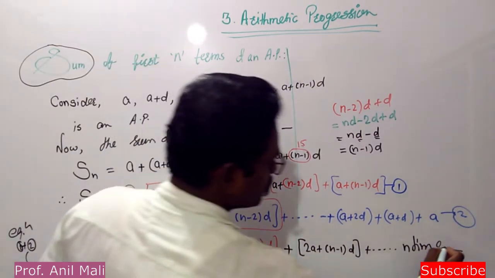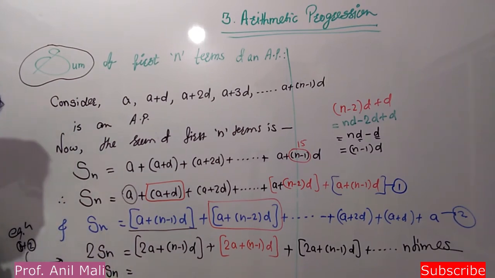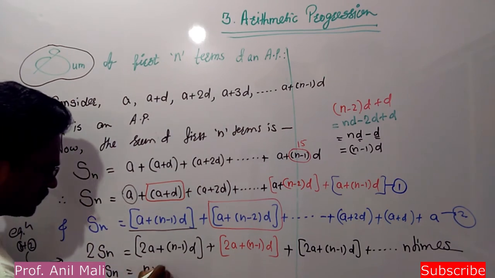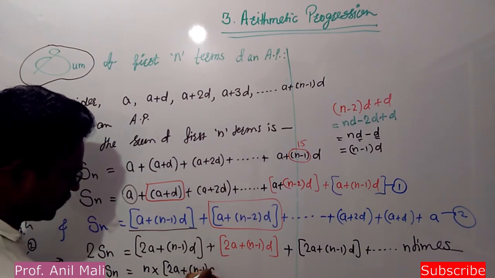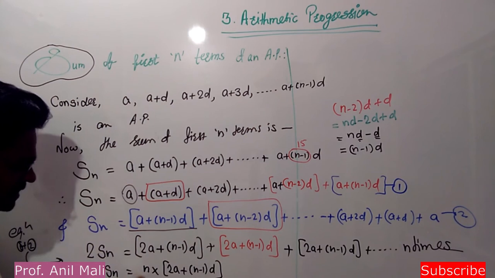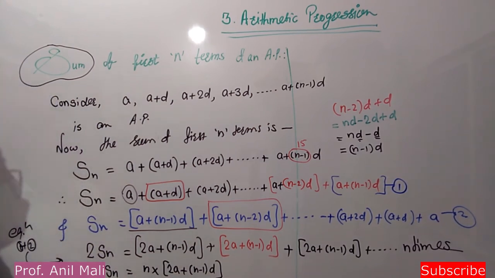N times. Okay, no problem. Therefore we can write here 2 times Sn is equal to n times (2a plus (n minus 1) into d).